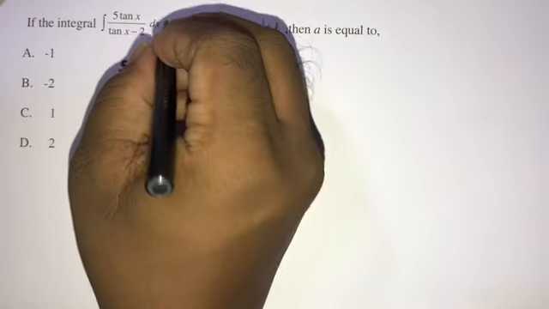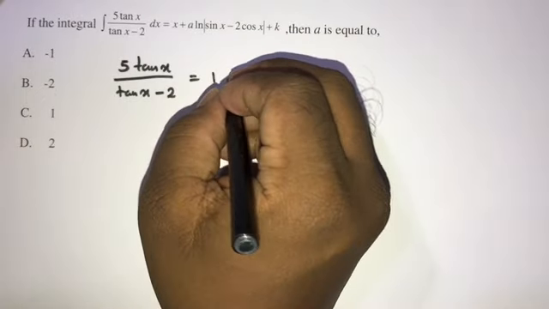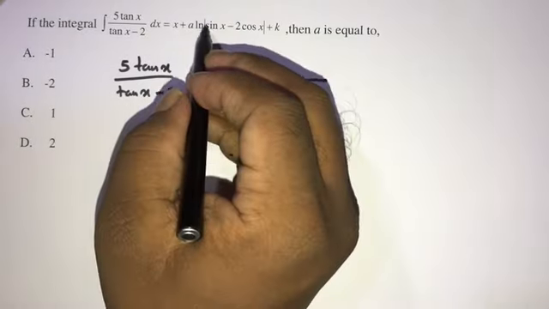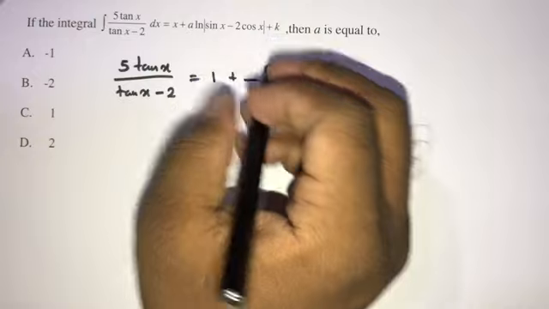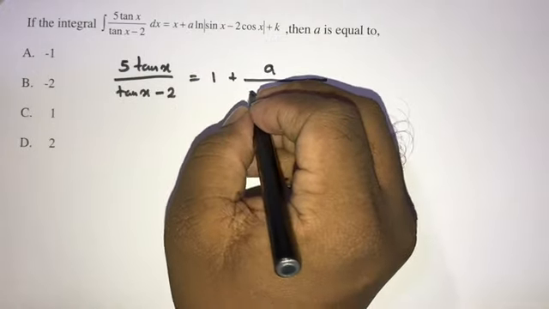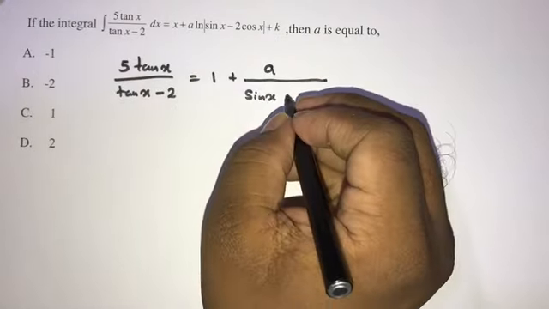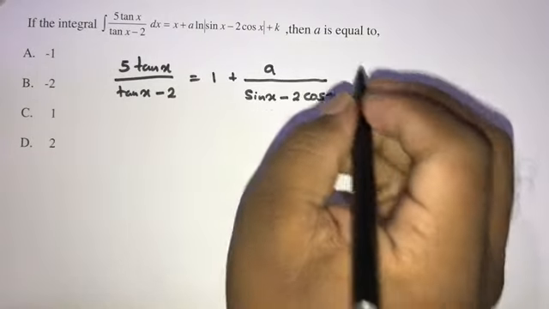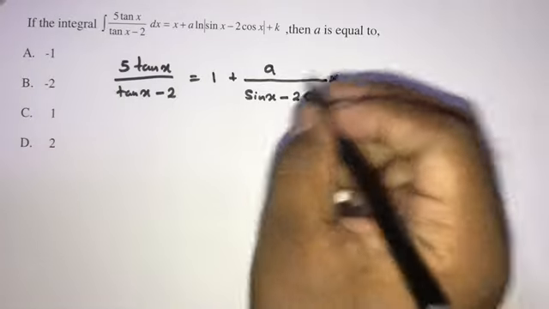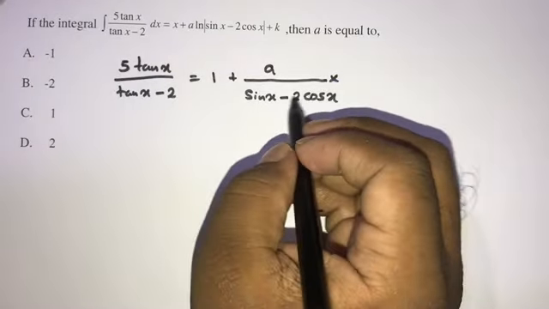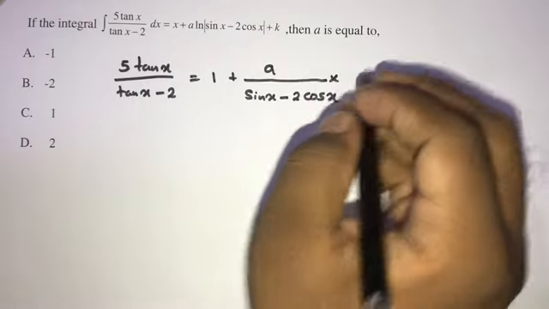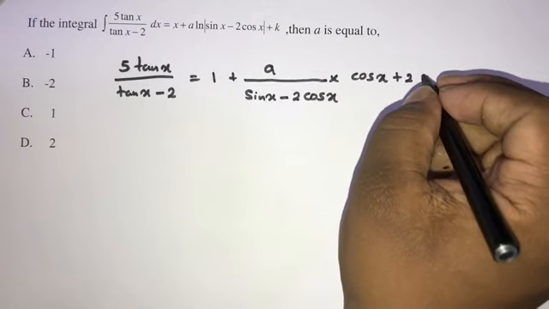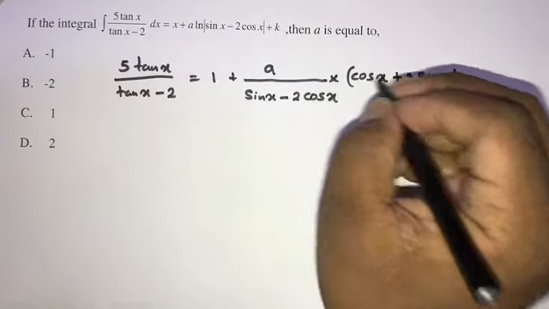The derivative of x is equal to 1 plus, here a is a constant, over the derivative of the natural log function, so 1 over sine of x minus 2 times cosine of x, and we need to multiply by the derivative of this function, so cosine of x plus 2 times sine of x.